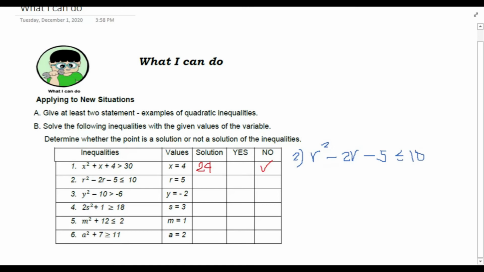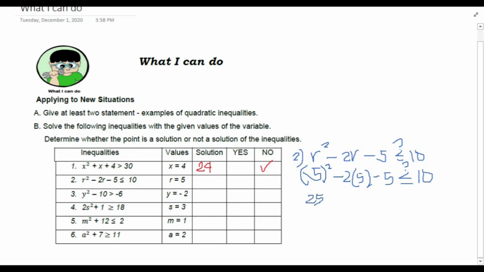So r equals 5, so we will substitute 5. So 5 squared minus 2 times 5 minus 5 is less than or equal to 10. Much better, we will write a question mark here because we are not sure yet. Okay, that's how you do it. So 5 squared, 5 times 5, that is 25.